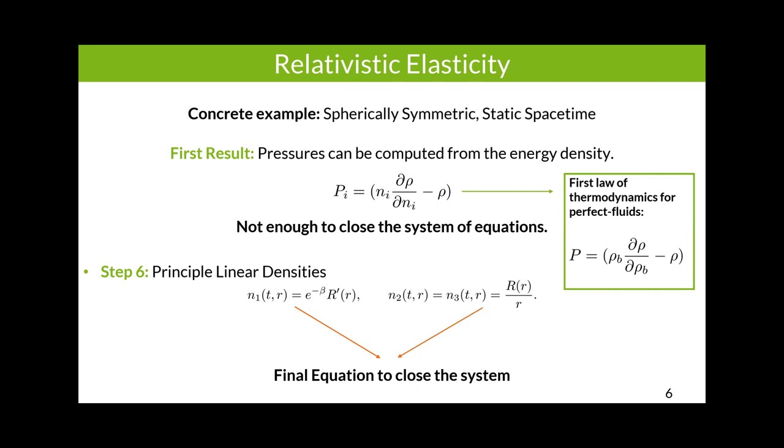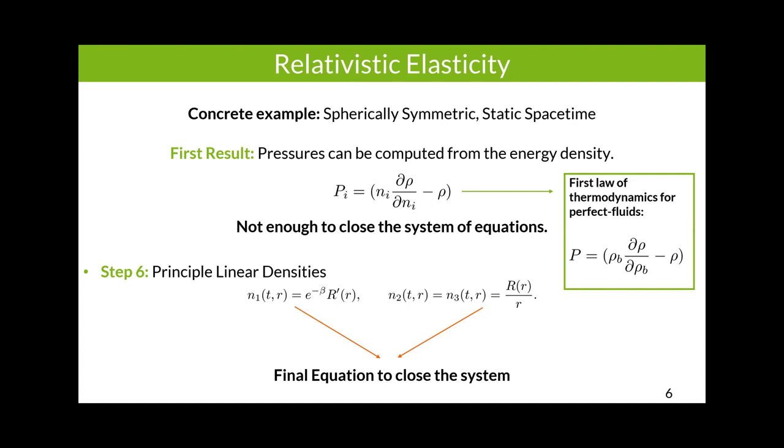When preparing this presentation, I noticed that you can compare this with the first law of thermodynamics for perfect fluids, which relates the pressure with the energy density of the material. There is clearly a connection between these two, and the expressions are very similar, also related with the densities. There should be some connection there, although I did not have time to think too much about it, but at least it's interesting.